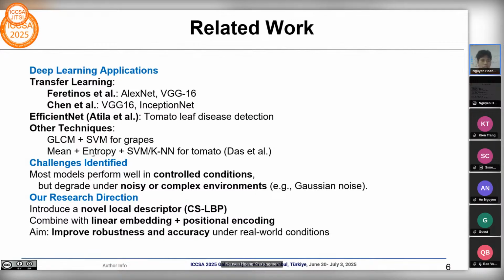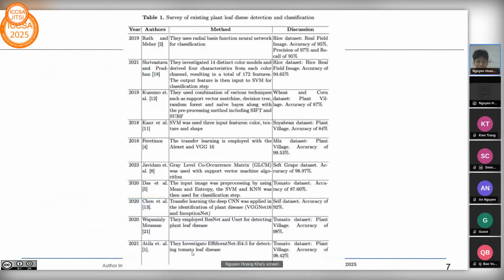In challenges and gaps, most models perform well in controlled conditions, but in noisy and complex environments they do not work well. So our research direction is to introduce a novel local descriptor, combining linear embedding and positional encoding to improve accuracy and robustness in real-world conditions. That is the table surveying existing plant leaf disease detection papers.